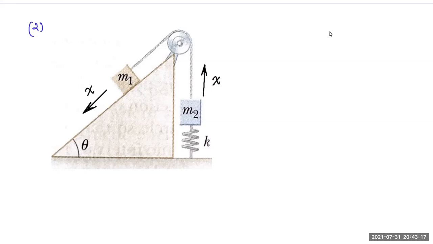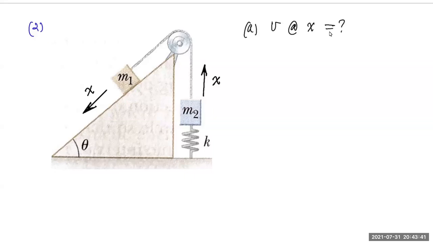Okay. The first question: they want to know v at x, that is, what is the speed v of both blocks when they have moved by a distance x? What is that equal to?